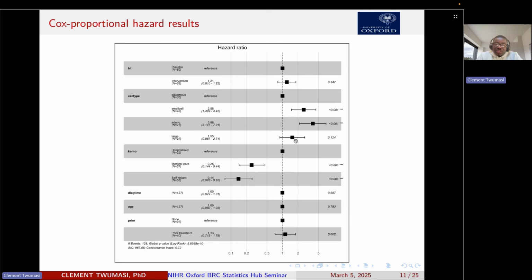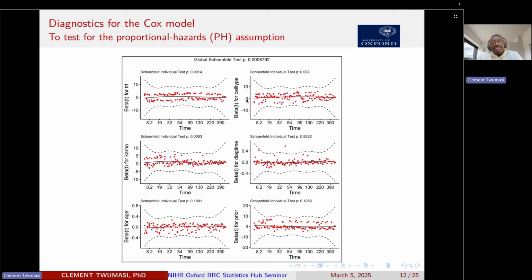Now let's assume that we've fitted a Cox proportional hazards regression model, considering all the predictors under investigation. These are ways of visualizing the hazard ratios, and you can produce this same graph in R. After fitting the model, the next thing is to ascertain whether some assumptions, specifically the constant hazard or proportional hazards assumption, were met.